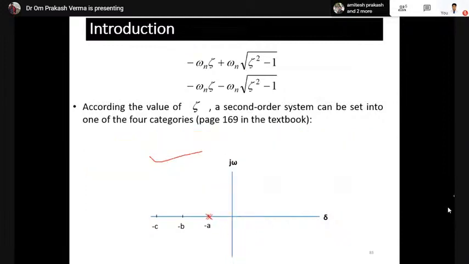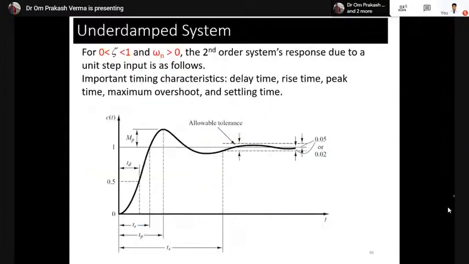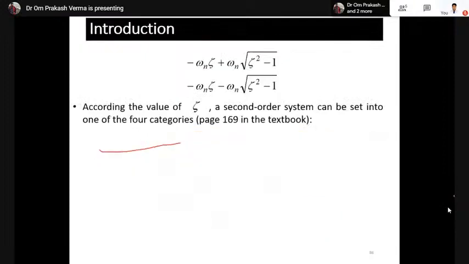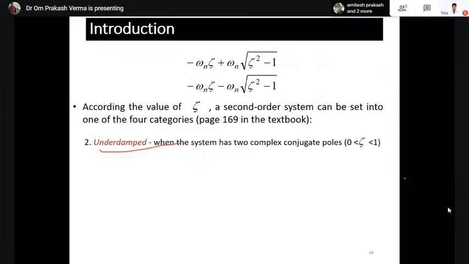Now increase the value of zeta from 0 to 1. Let's say I have taken the value of zeta as 0.5, and now calculate.